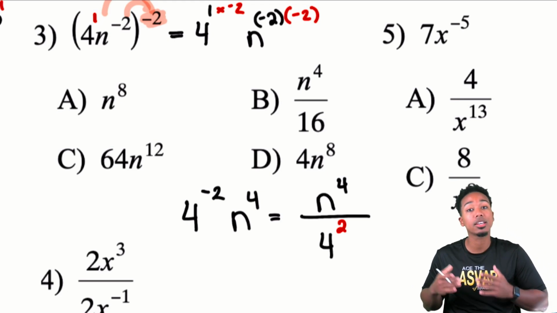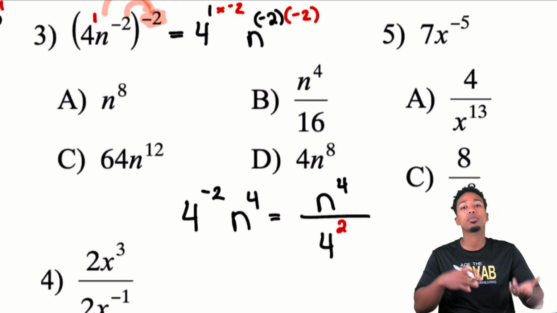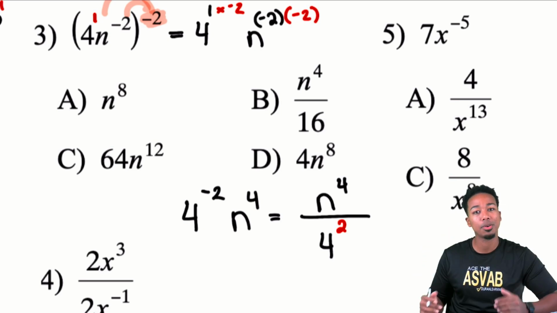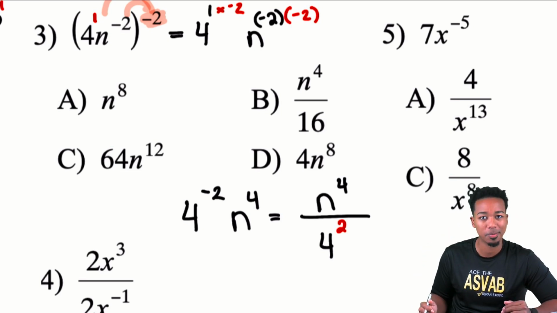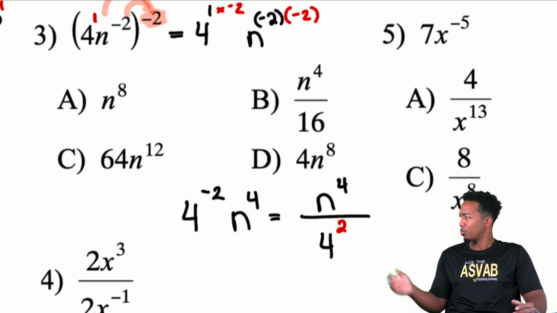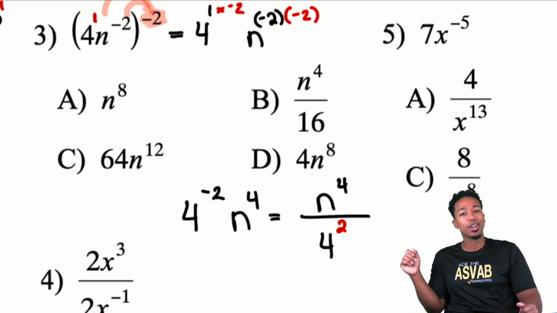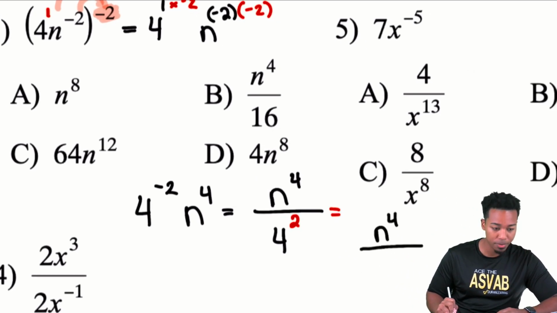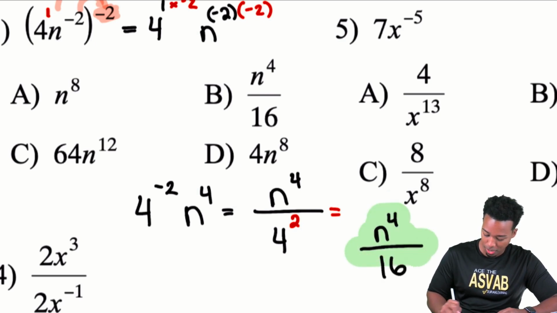Again, to make the exponent positive, you simply move it from where it was to where it wasn't. It was up top, now we placed it in the denominator, on the bottom. But lastly, what is 4 squared? 4 squared is 16. And so the final answer here will end up being n to the power of 4 divided by 16. That right there is our final answer.